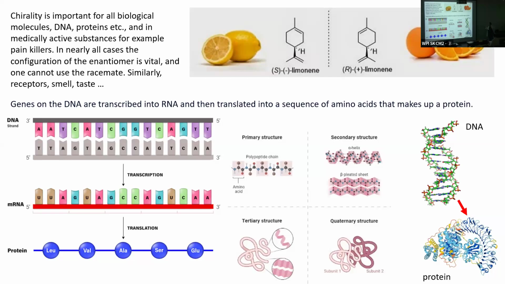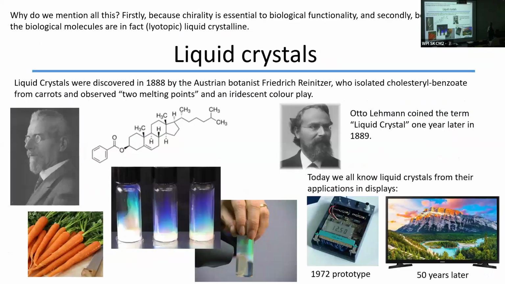And these amino acids then make up the proteins. So there is a biological aspect of this as well. And right, so why do I mention all this? Well, first of all, because chirality is essential to biological functionality. And secondly, many of these biological molecules are in fact liquid crystals.